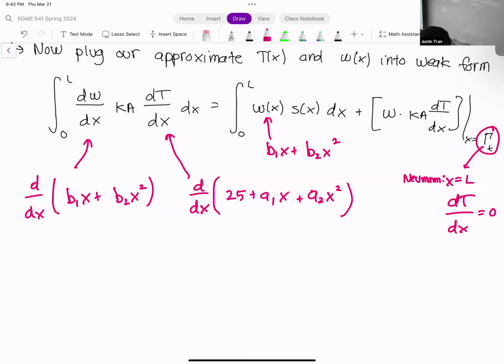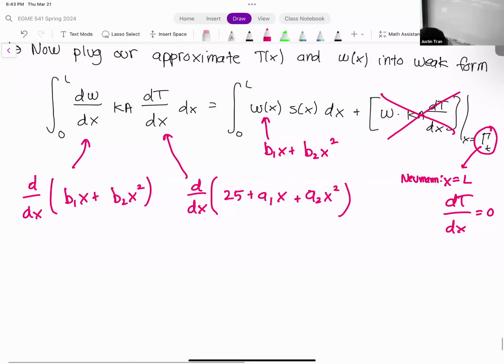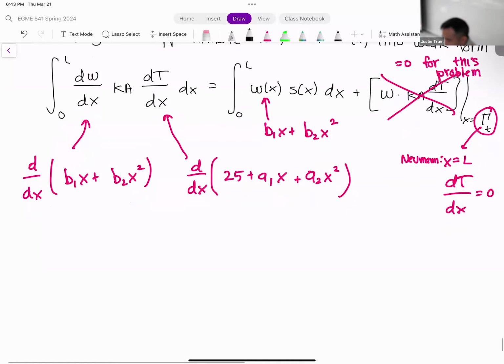That means this whole term here goes away for this problem, not true in general. That saves us a little bit of writing. And we also know L is equal to 5, so we can plug that in as well. So let's go ahead and plug all these in and then we'll call it a day.